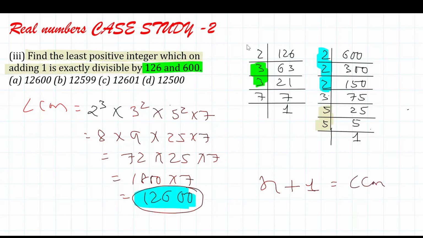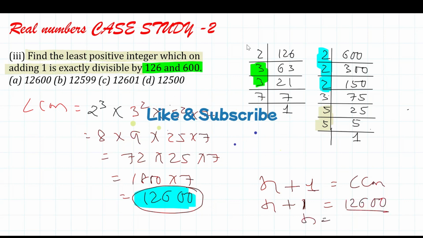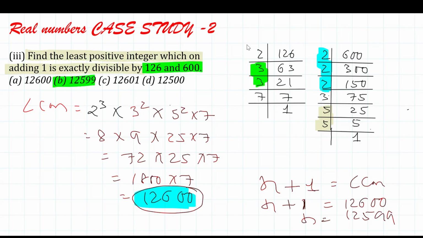So can I say that x plus 1 is equal to 12600? So clearly x will be 1 less than this, which is 12599. Yes, it should be. So option B is the correct answer in this case.